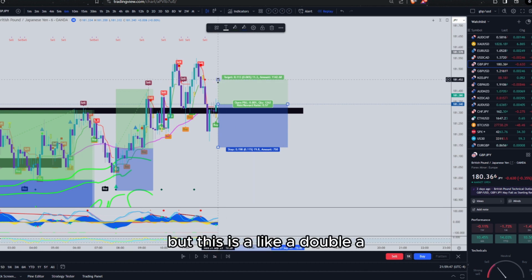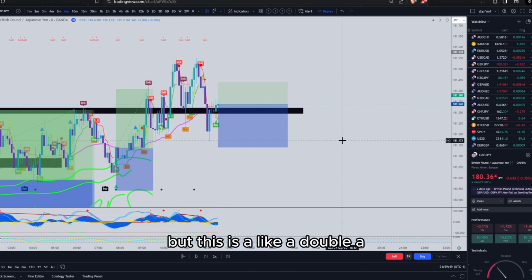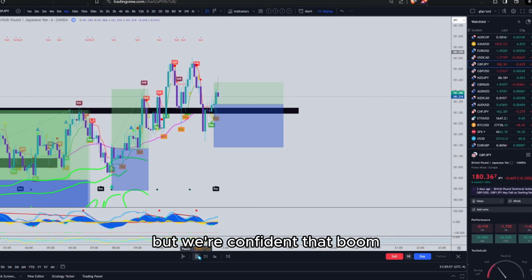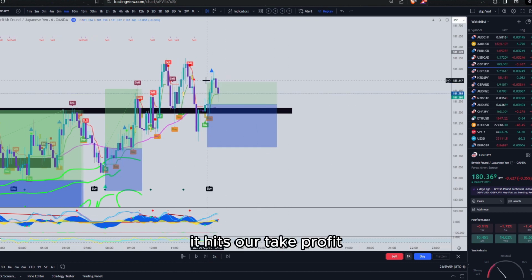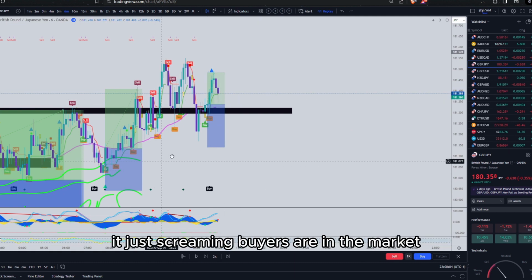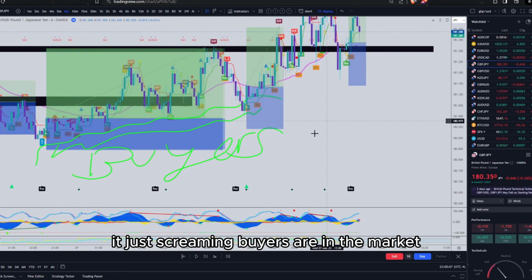But this is like a double A setup. It's not the best setup, but we're confident that, boom, it hits our take profit, because there was just so much buying action. It's just screaming buyers are in the market.